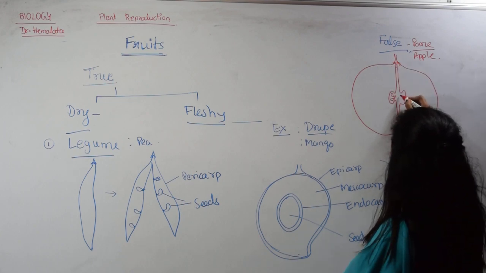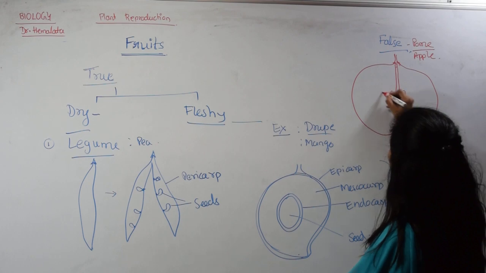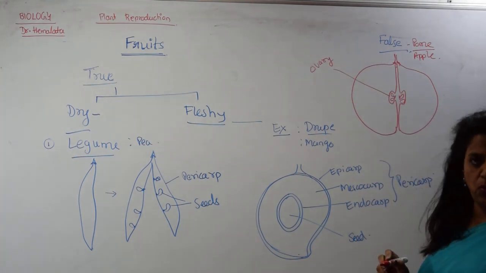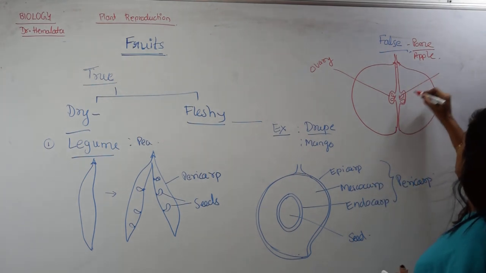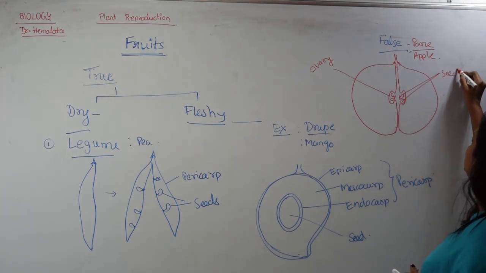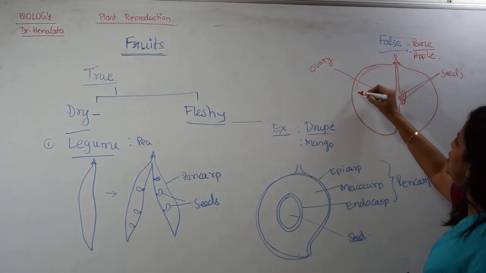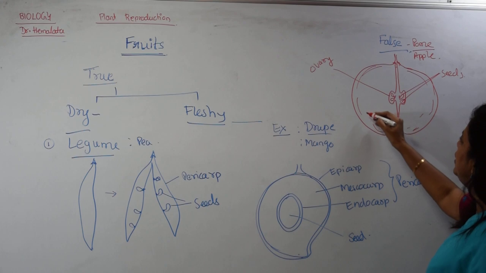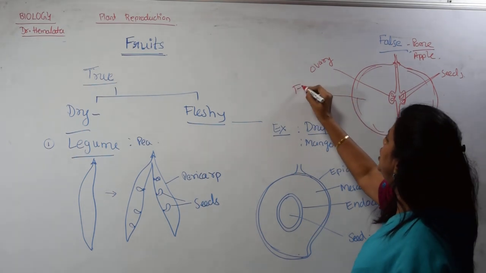You get the seeds over here, and this is the ovary, which normally we throw off. That is the ovary with the ovules of the seeds. These are the seeds. But the major part that is edible, this whole thing, whatever reddish part you get here, is nothing but the fleshy thalamus.